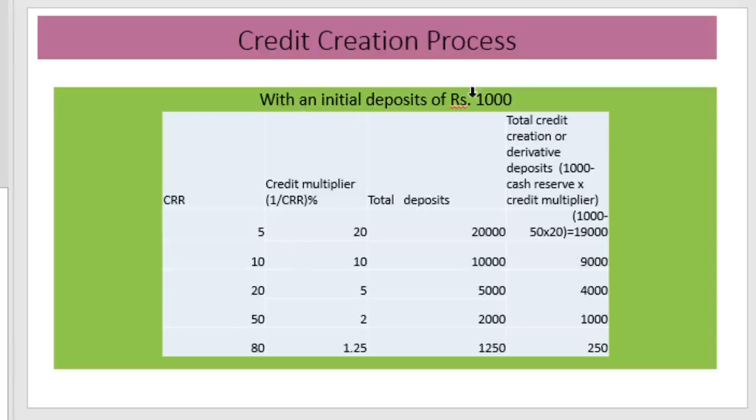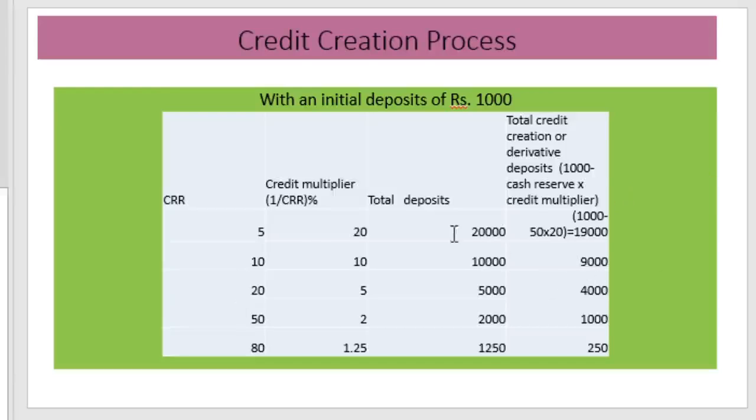And here, the credit creation process with different cash reserve ratios is given. If cash reserve ratio is 5%, then credit multiplier is 20. Then with the total deposit of 10,000, the bank can create a total primary deposit of 1,000 and derivative deposit of 950 into 20, that is 19,000.